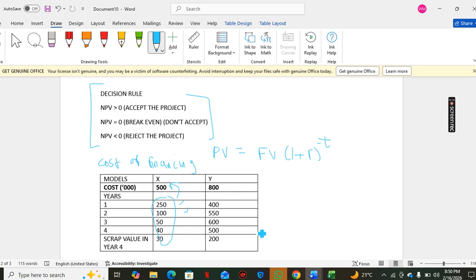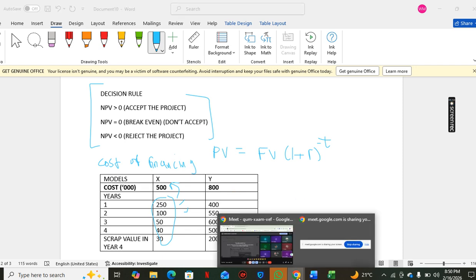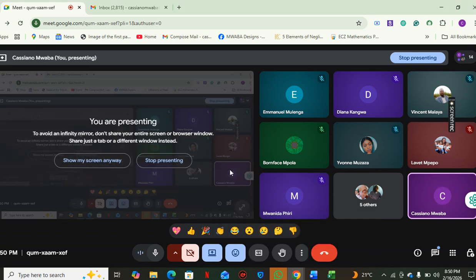Colleagues, please remember that sentence which I've just said there, because we're going to be applying it when we reach weighted average cost of capital. The cost of debt financing is the interest payments that you pay. The cost of equity financing, when you sell shares, you have to pay the shareholders the dividends.